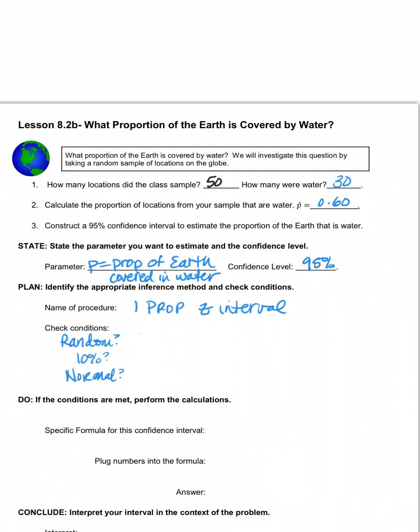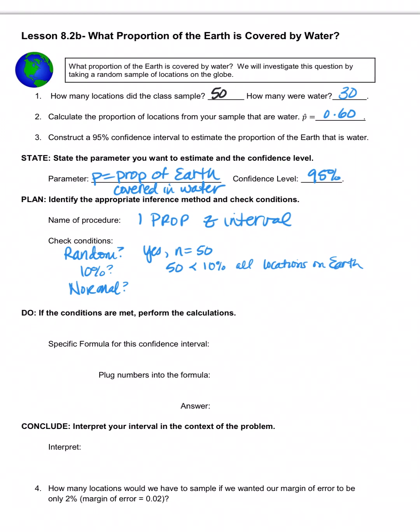Yes, very, right? All right, we had 50 locations, 10%. So now we stop and say, is 50 locations less than 10% of all locations on the earth? It sure is, right? Could be infinite locations on earth, right?